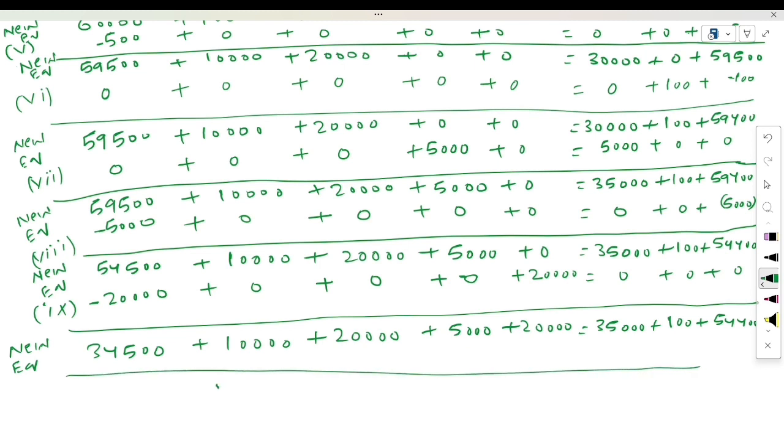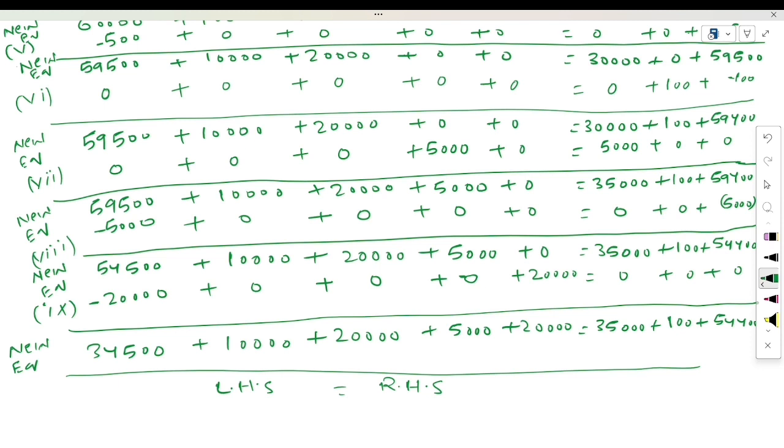Now we have to see whether the value of LHS is equal to RHS or not. If the values of LHS and RHS are equal, it means your solution is correct. So check here: 34,500, here 10,000 means 44,500, here 20,000 means 64,500, and here 20,000, 64 plus 20, 84,500 plus 5,000 means 89,500.